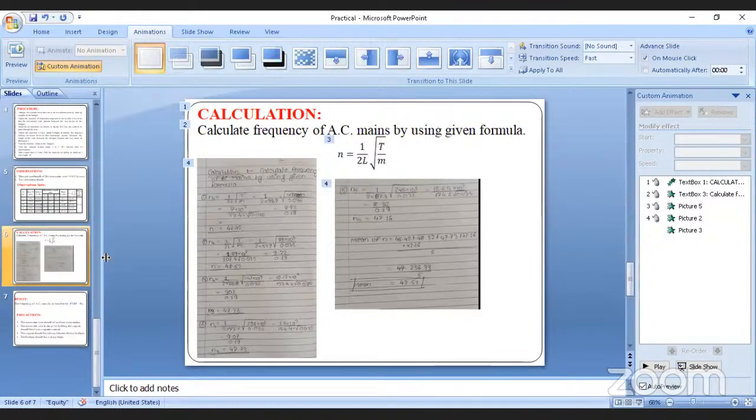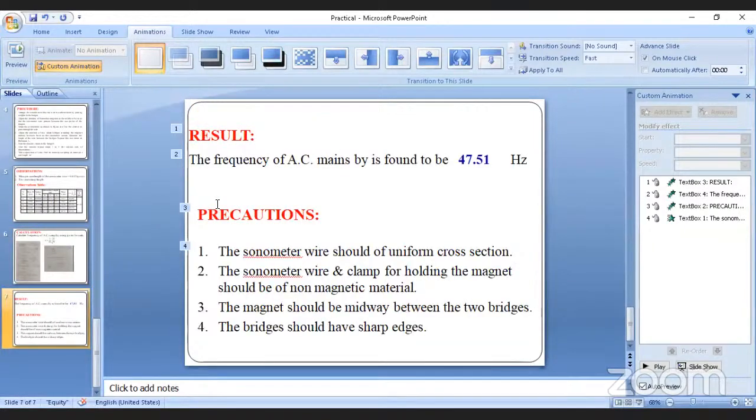Here's the calculation of the frequency. N1 is 46.42, N2 is 48.42, N3 is 47.73, N4 is 47.73, and N5 is 47.60. The mean of the frequency is 47.51. The result: the frequency of AC mains is found to be 47.51 Hz.